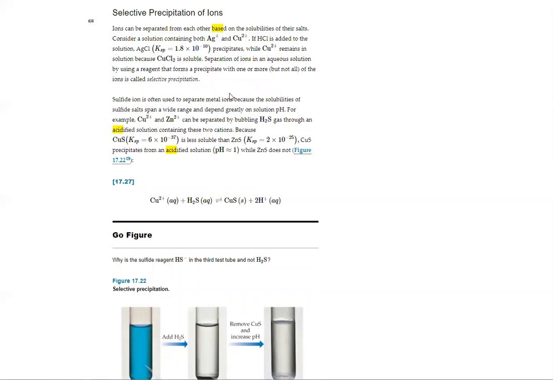So if you're trying to remove something from a metal or some sort of substance, you can put it in a solution of certain pH and it'll successfully dissociate and leave you with the parts that you desire. And that whole process is called selective precipitation.